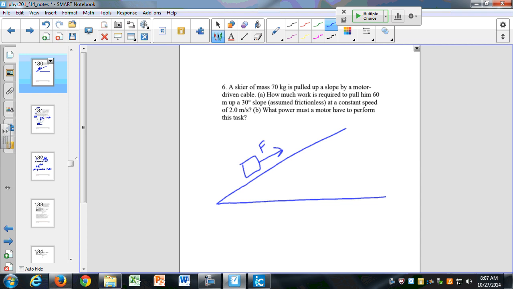Now, you had to figure out what that force was, right? In order to find that force, you had to say my weight force is in this direction, and that weight has an x component of Fw cosine of 30 and a y component of Fw sine of 30. So that's why you needed that angle of 30 degrees to find out what this force must be. So this force must equal Fw cosine 30.